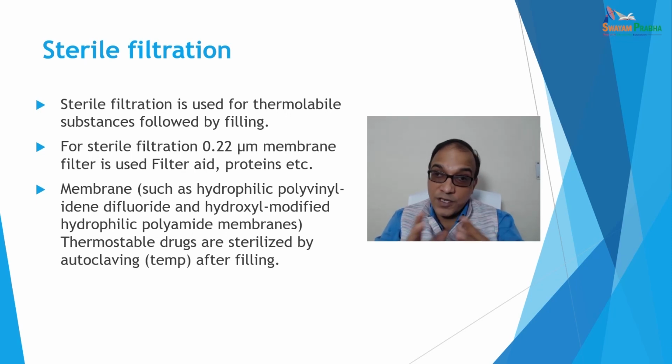So that's why sterile filtration is done, and for this a 0.22 micron membrane filter is used as the filter head. Especially in case of proteins, it is used. Membranes such as hydrophilic polyvinylidene difluoride and hydroxyl modified hydrophilic polyamide membranes are used.